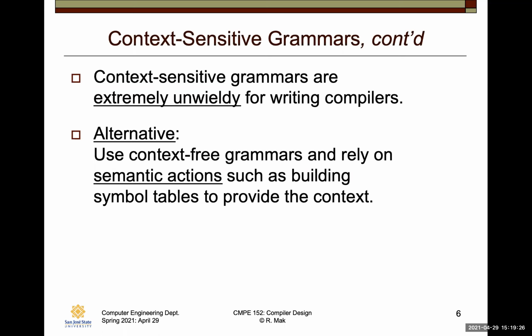Instead, we use a context-free grammar and we have things like symbol tables. When the parser encounters an identifier in an expression, it's going to look in the symbol table to see whether or not it had been declared to be a variable. The grammar itself will not allow the parser to do that. So we use context-free grammars because they're relatively straightforward for us to use, and then we augment that with other things like having a symbol table.